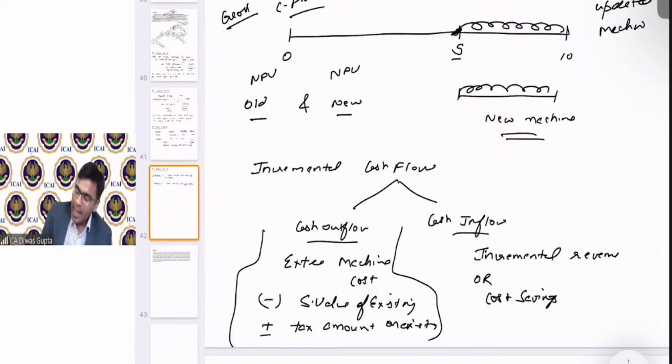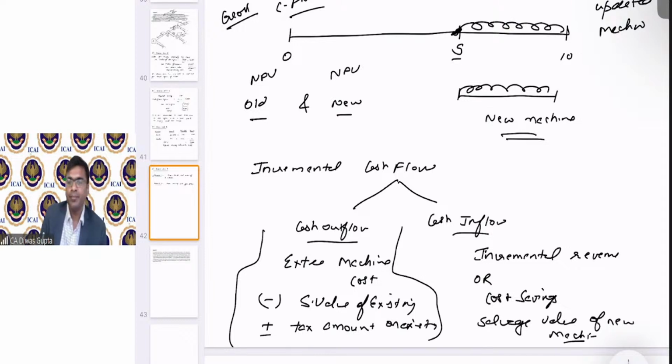And the salvage value of the new machine that you will get is also incremental. After the end of, let's say, 10th year, the new machine also you will sell. So what is the salvage value of that? That also you will get.